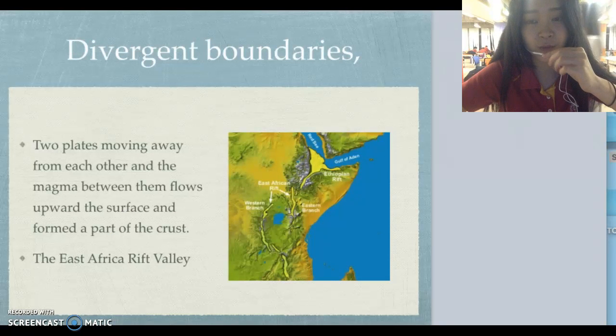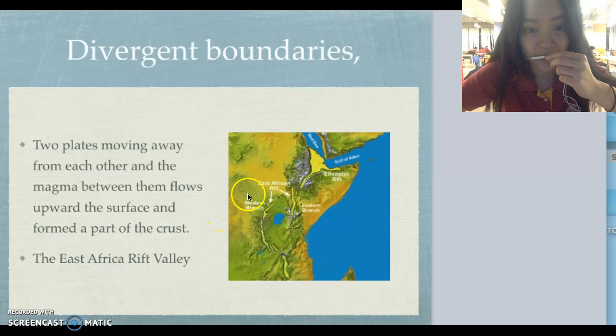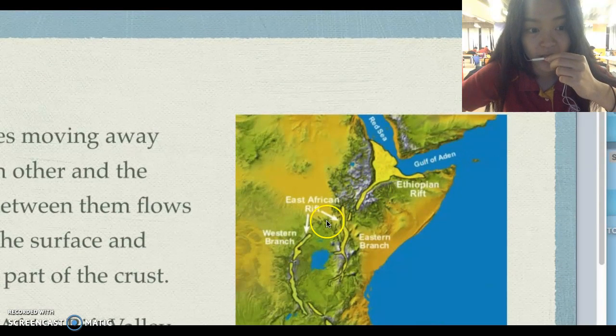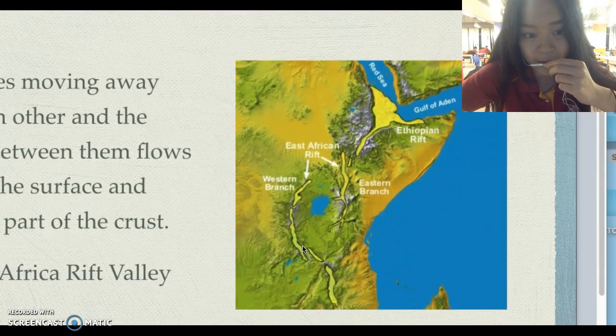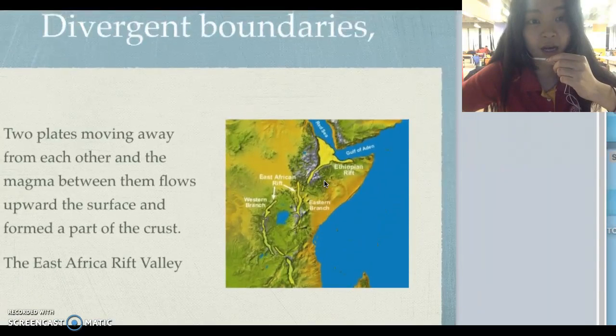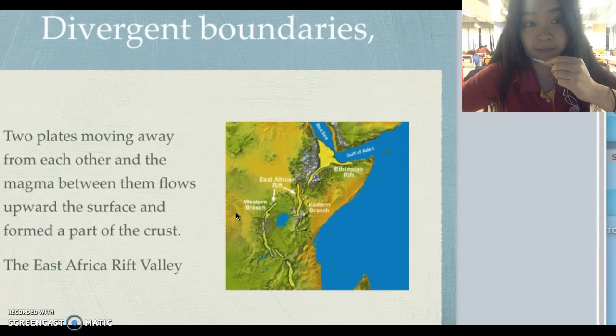When they move away, the magma between them is raised up because of the density, so it comes up to the surface and forms a volcano. One example is the East Africa Rift Valley, which is formed by a divergent boundary.